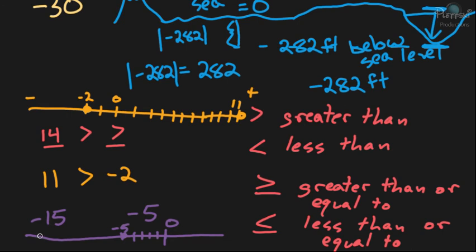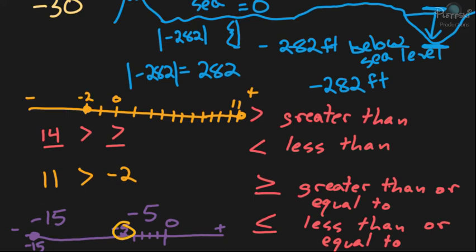And then you have to go some more to get to -15. Okay, so you have -5 and -15. Well, which one's farther right? The farthest one to the right is the -5.